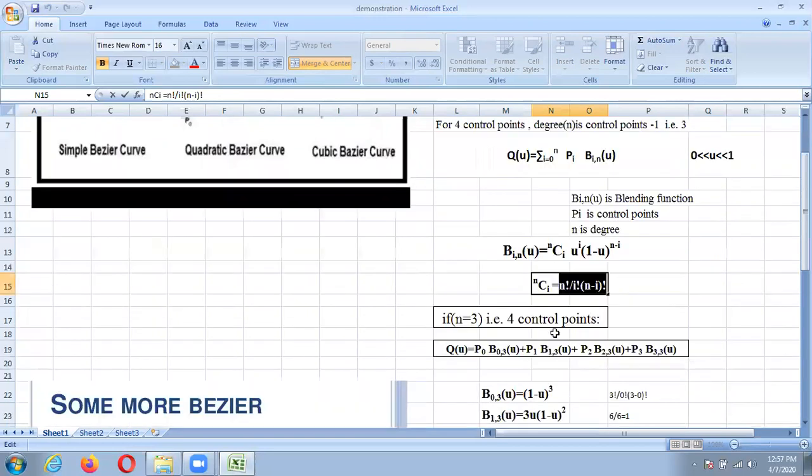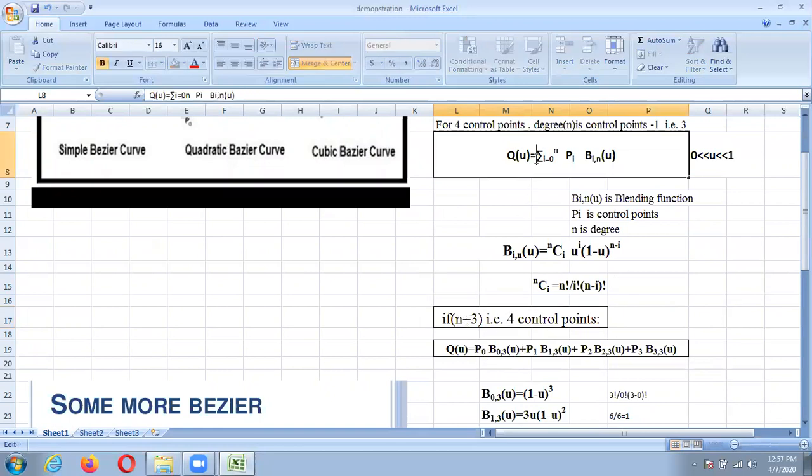Now we'll consider one example: if n equals 3, the degree is 3, then there will be 4 control points, p0, p1, p2, p3.